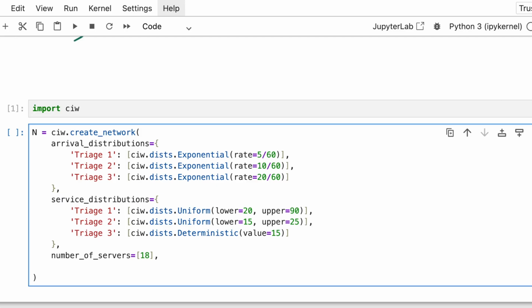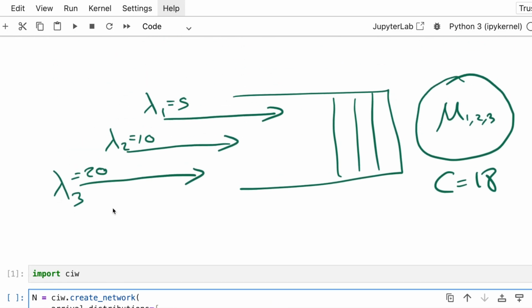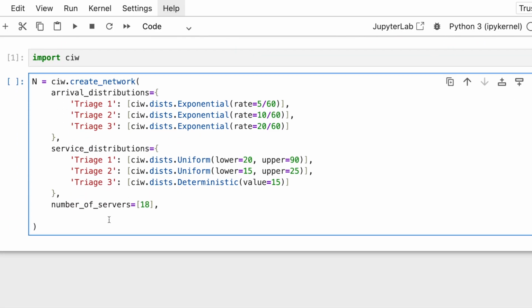the one thing we have missed here is the priorities, which represent that some customer classes have priority over other customer classes. So we can represent that with the keyword argument priority classes, and this will take a dictionary that will map customer class names to their relative position in the priority hierarchy, with 0 being the most prioritized, then 1, then 2, then 3, and so on.